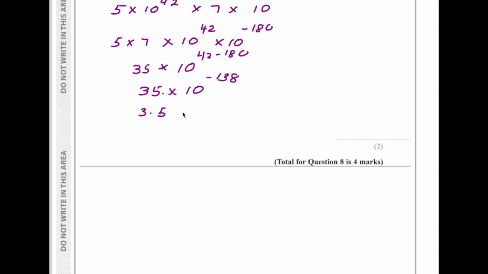Then it becomes 3.5 into 10 to the power. Since I brought it 1 forward, I need to add 1 to the power. Then it will be minus 137 because minus 138, I brought 1 decimal point, then I have to add 1. This is the answer.